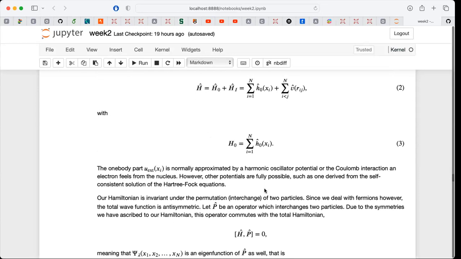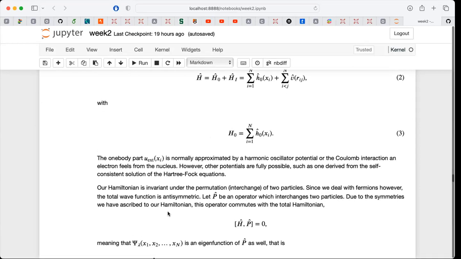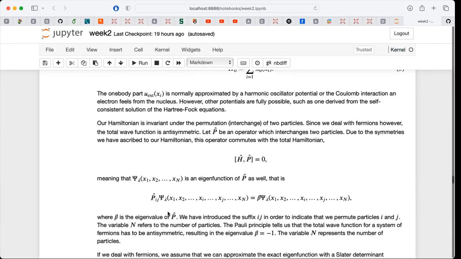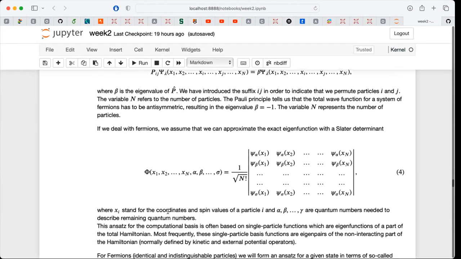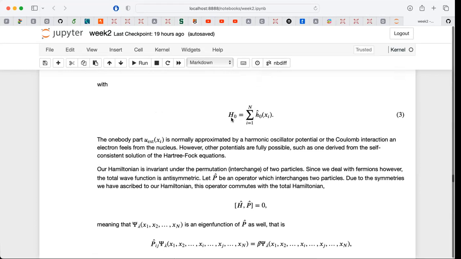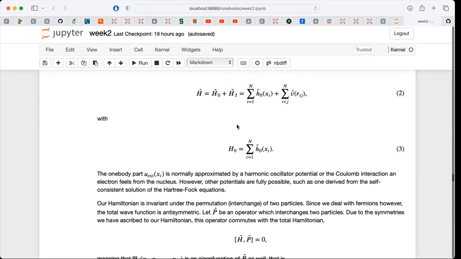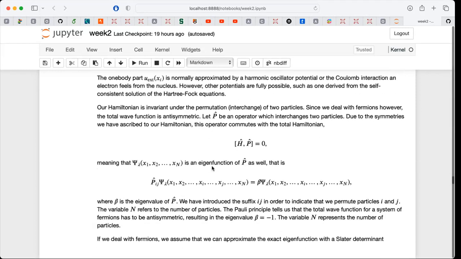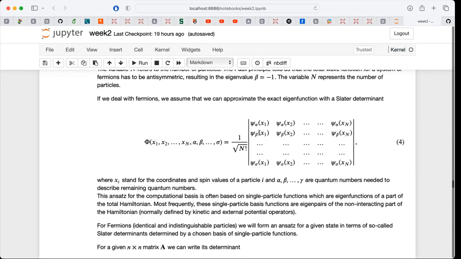So there are many other properties. Normally the Hamiltonian is invariant under permutations. So these are important properties. And if you're dealing with fermions, one way by which you could approximate the solution to this problem, this acting on a state, is this: if you have a basis, psi 0, as we mentioned, psi, which is an eigenbasis of this operator here, we can actually construct an ansatz for the wave function given in terms of these solutions.